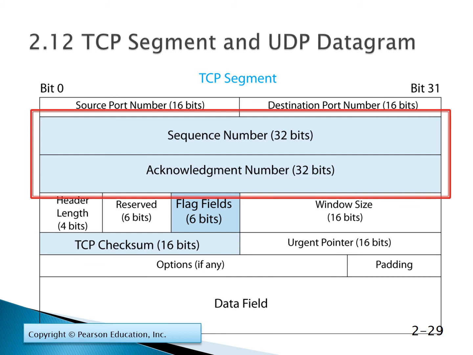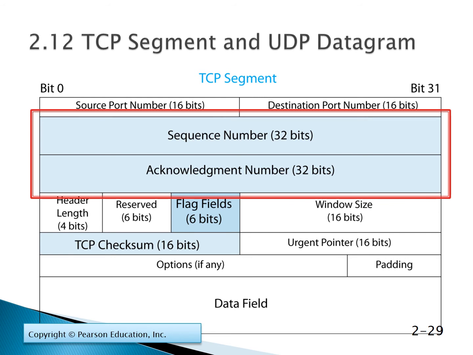In the beginning, we have the source port number, 16 bits, and the destination port number, which is also 16 bits. And then we have 32 bits, which is the sequence number of your TCP segment. Remember we said an application message usually is broken down into fragments, and these fragments are sent individually.